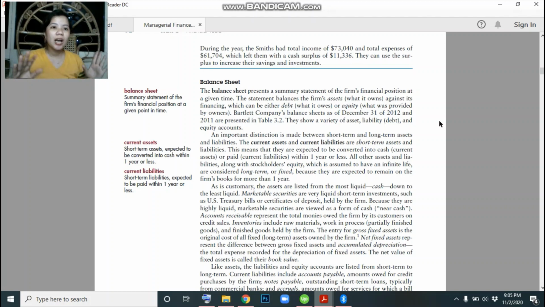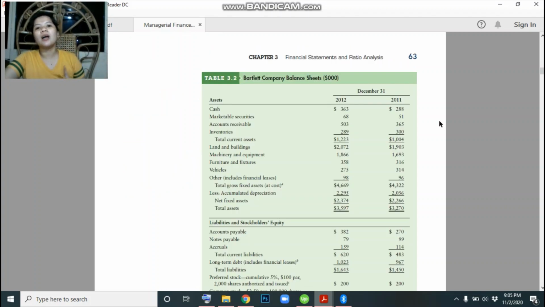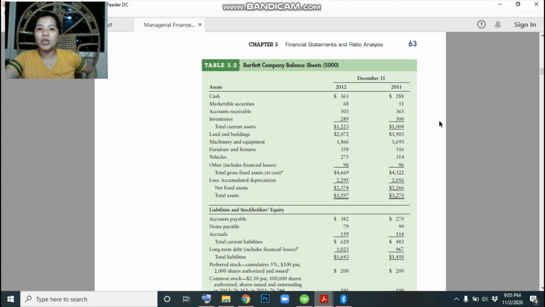Okay? Kana siya nga accounting formula, mao na gina-follow sa balance sheet. Sige. This is the balance sheet of Barley Company. It is also a comparative balance sheet showing the amounts for 2011 and 2012.